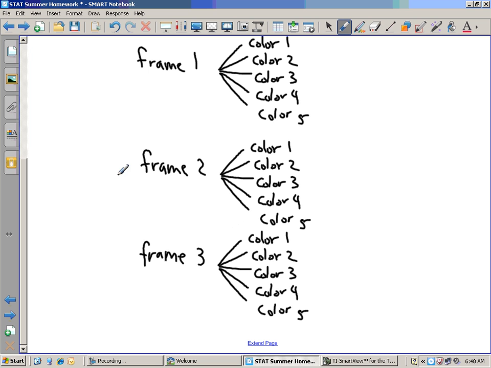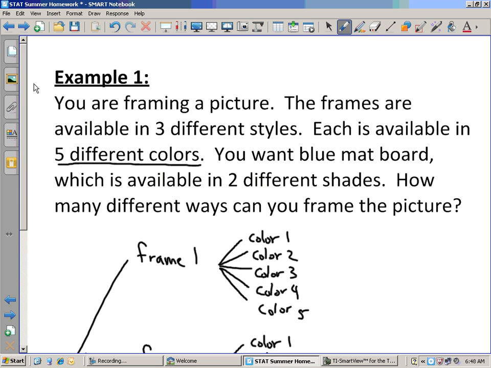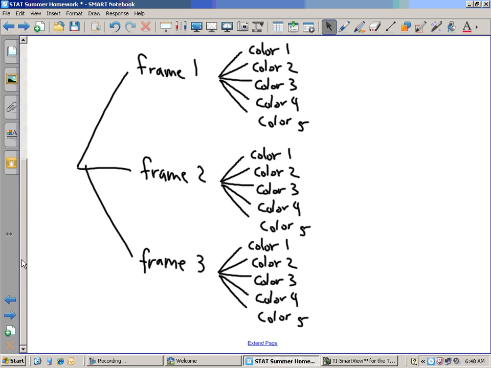So 3 different styles of frames and 5 different colors for each one. Now finally, we can choose our mat board with 2 different shades of blue. I won't write them all out, but you get the idea: there's 2 here, 2 here, 2 here, and all the way down.